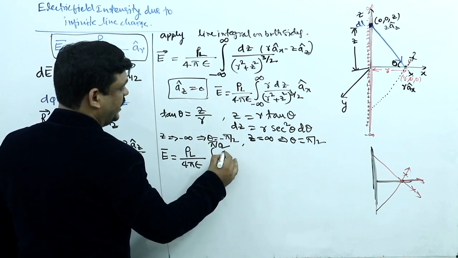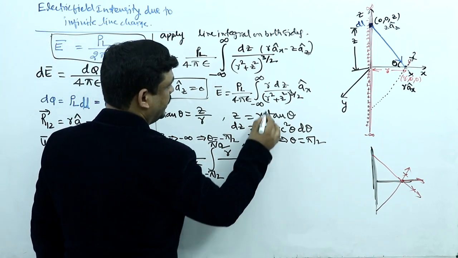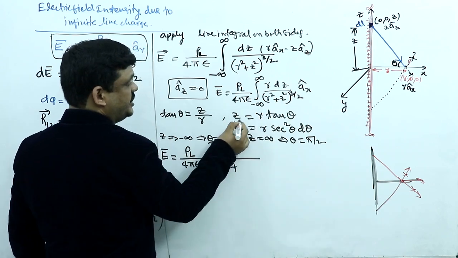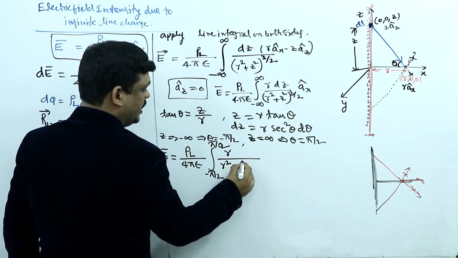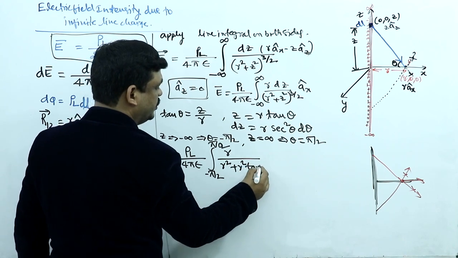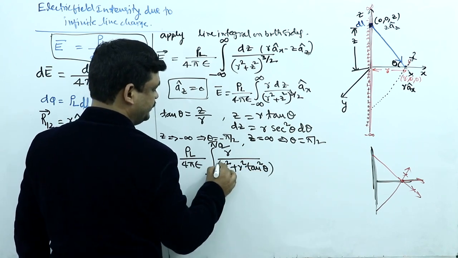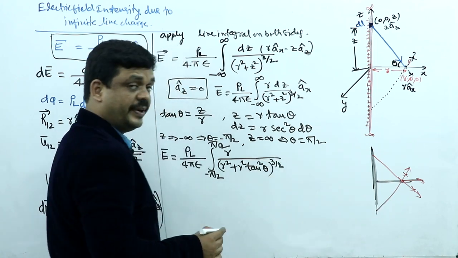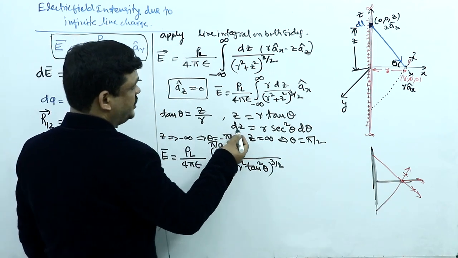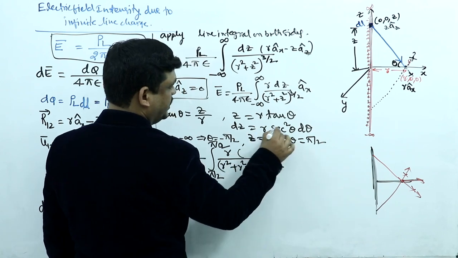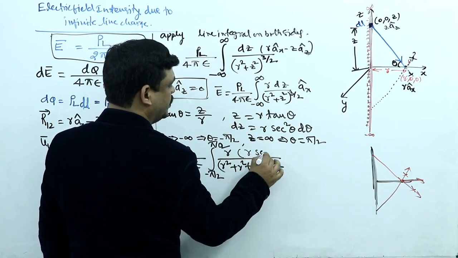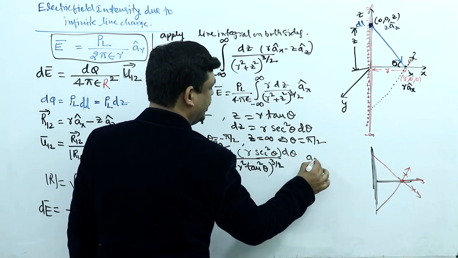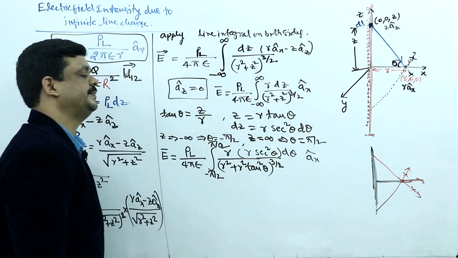And this r I am writing as it is, by r square plus z replaced with this, then it becomes r square into tan square theta whole power 3 by 2, and replace dz with this complete equation, r into secant square theta into d theta. In which direction? ax direction.